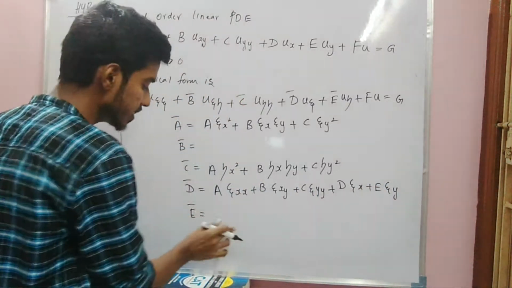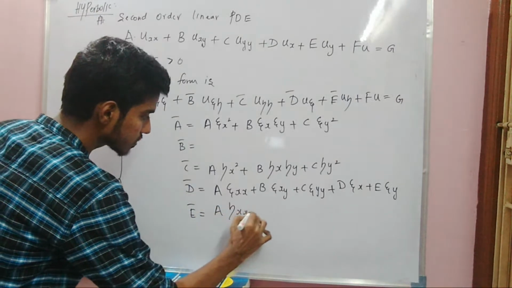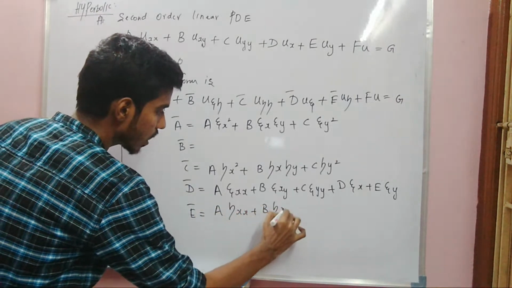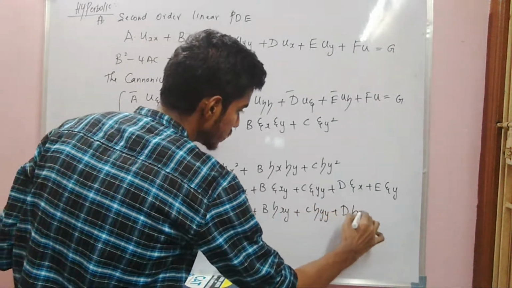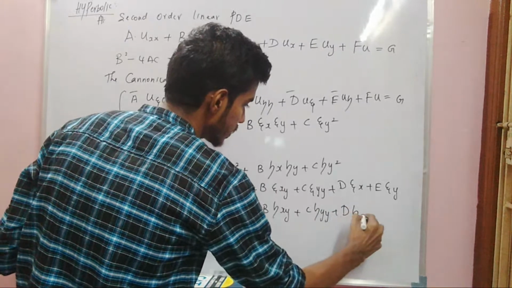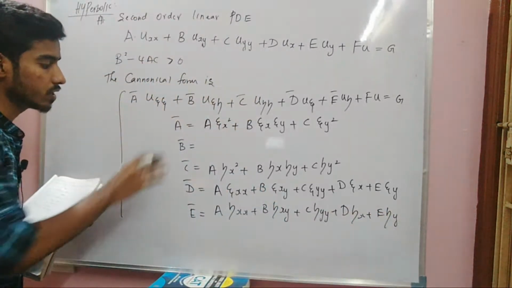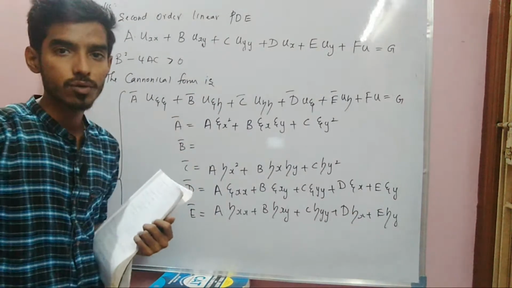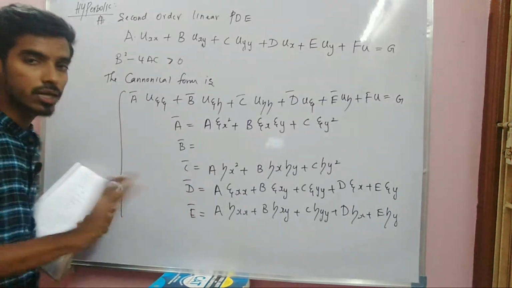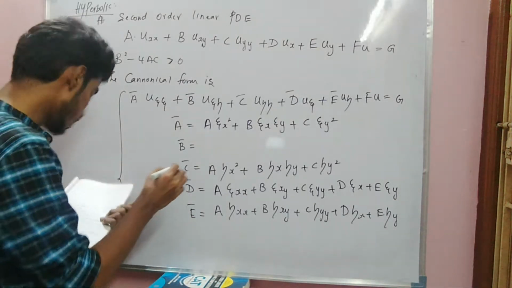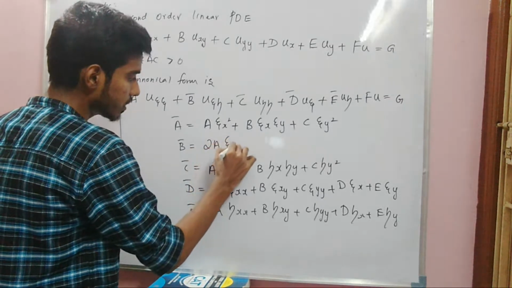Now we just change theta to eta here, so we have e bar as A eta xx plus B eta xy plus C eta yy plus D eta x plus E eta y. If you remember these formulas, you can do any canonical form. You only have to remember a bar, c bar, d bar, e bar. b bar is quite different: 2A theta x eta x.